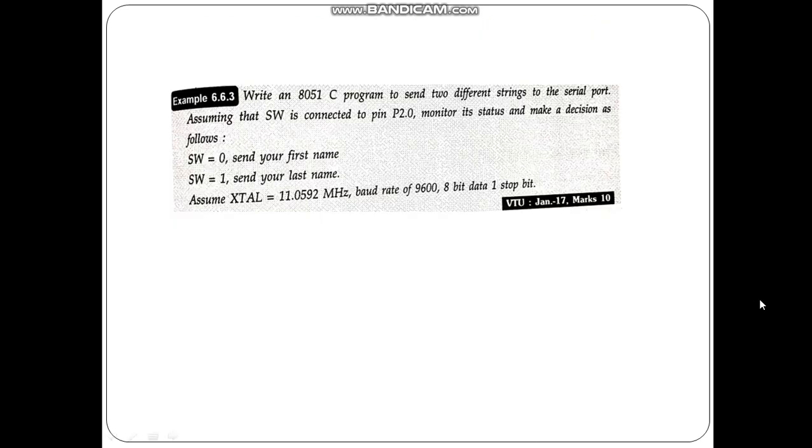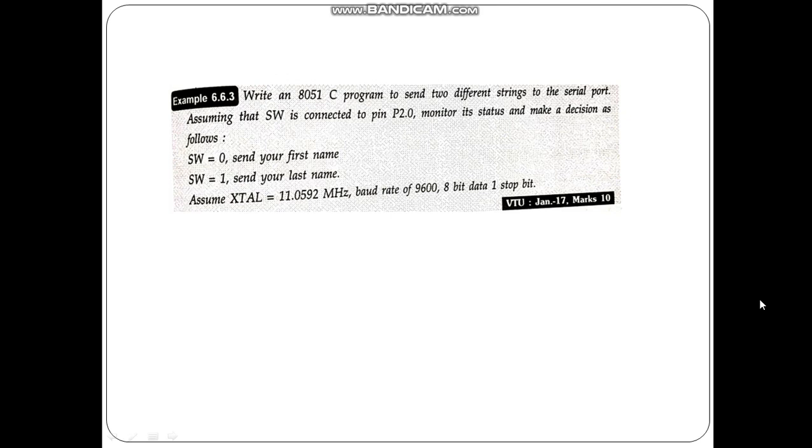Okay, next program. Write an 8051 C program to send two different strings to the serial port. Assume that a switch is connected to port 2 pin 0. Monitor its status and make a decision as follows.